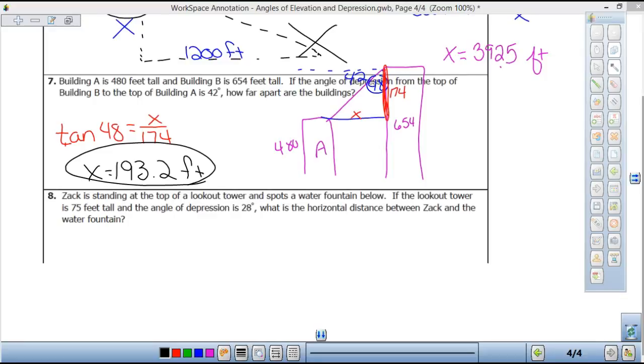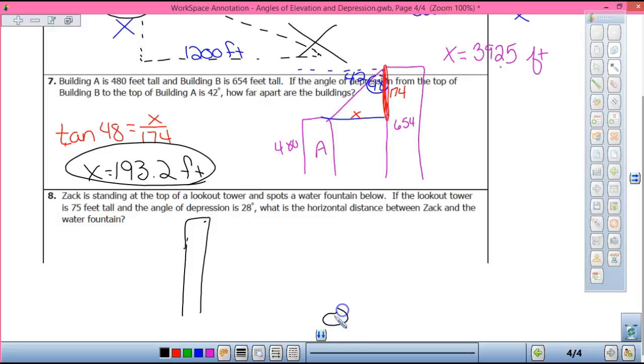Okay, so Zach's at the top of the lookout tower. So the lookout tower's here, Zach's in here, and he spots a water fountain below. Angle of depression is 28 degrees. Okay, so remember that's 28 there.